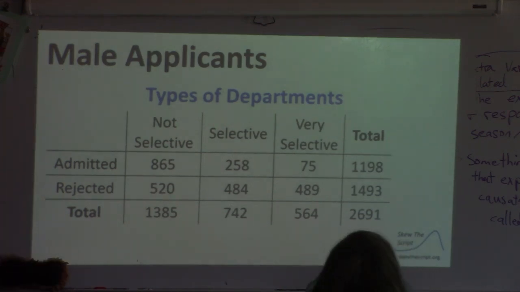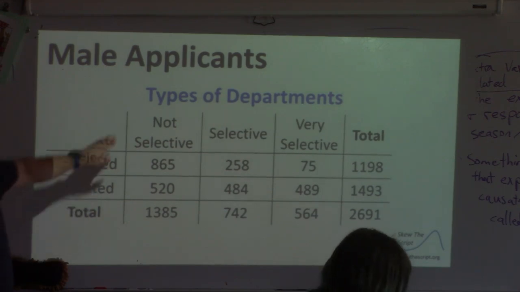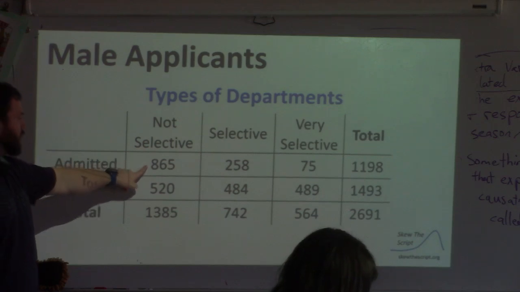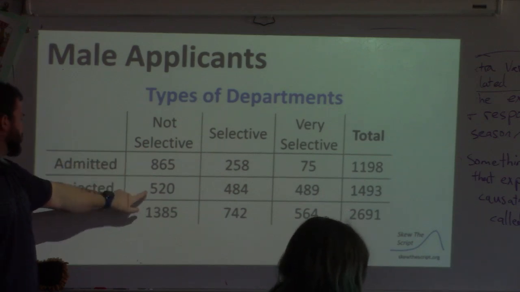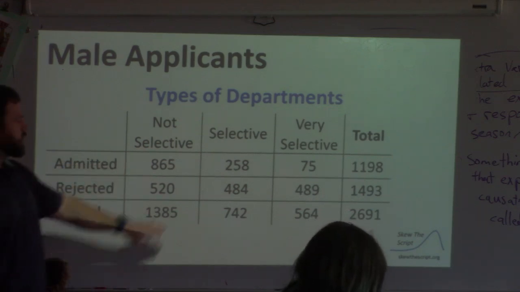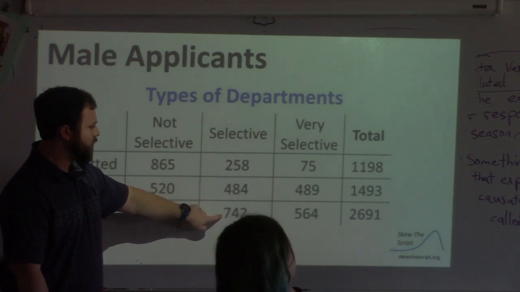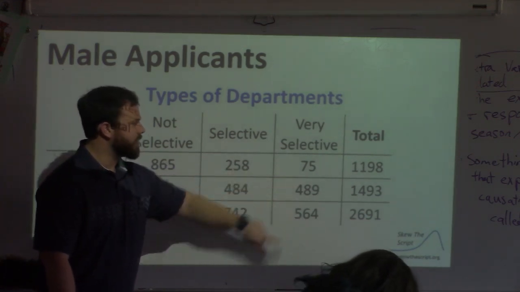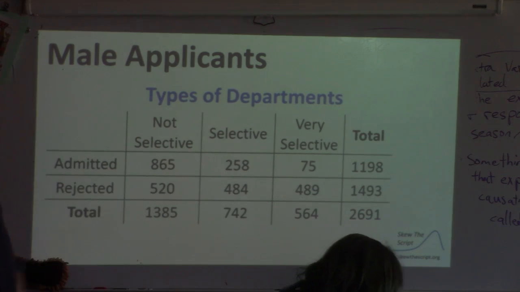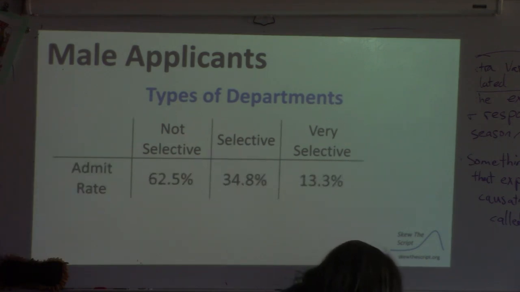In the not selective group, 865 people were admitted and 520 were rejected, out of 2,691 applicants. Those are the admittance rates for those different departments.